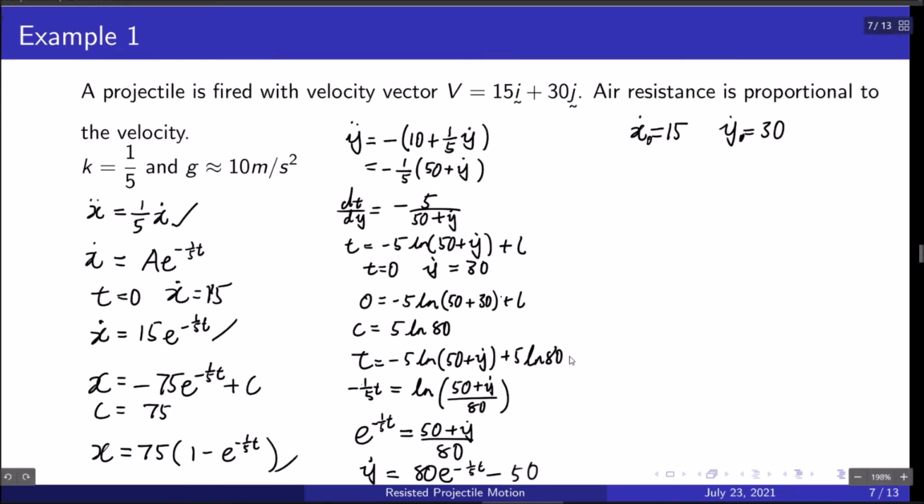So we have our acceleration, we have our velocity.